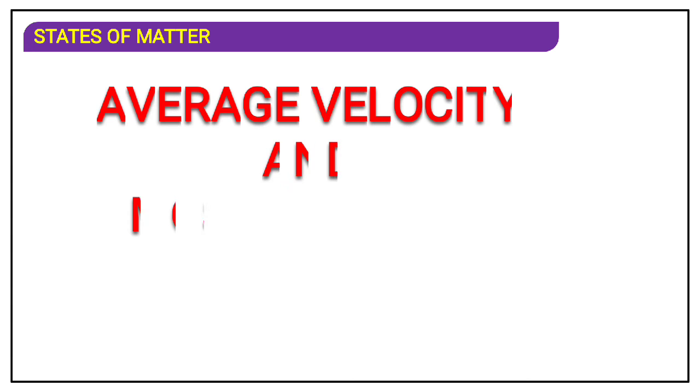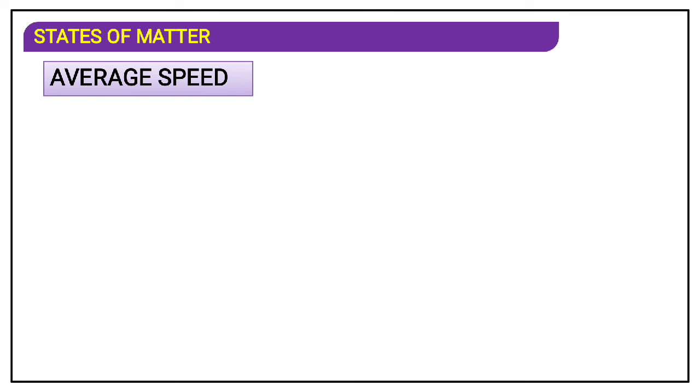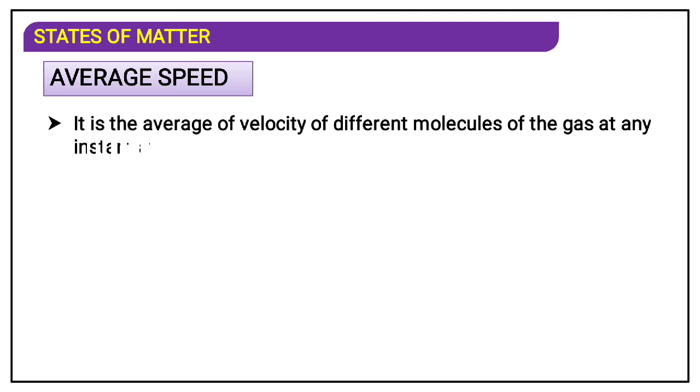Next one is average velocity and most probable velocity. These are the two velocities we have. Let us go to discussing average velocity. The average velocity is represented in two ways: U average or C bar.